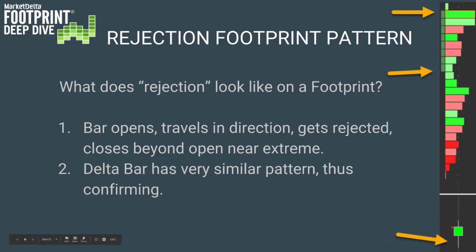It exhibits a very similar pattern to what we see on the footprint. That's important, because we want to see that the delta was also rejected, or came well off its lows, to confirm this price direction. If it didn't, then I'm very suspicious of the fact that it closed near its highs if delta didn't give us a nice bounce as well and close in a similar manner.